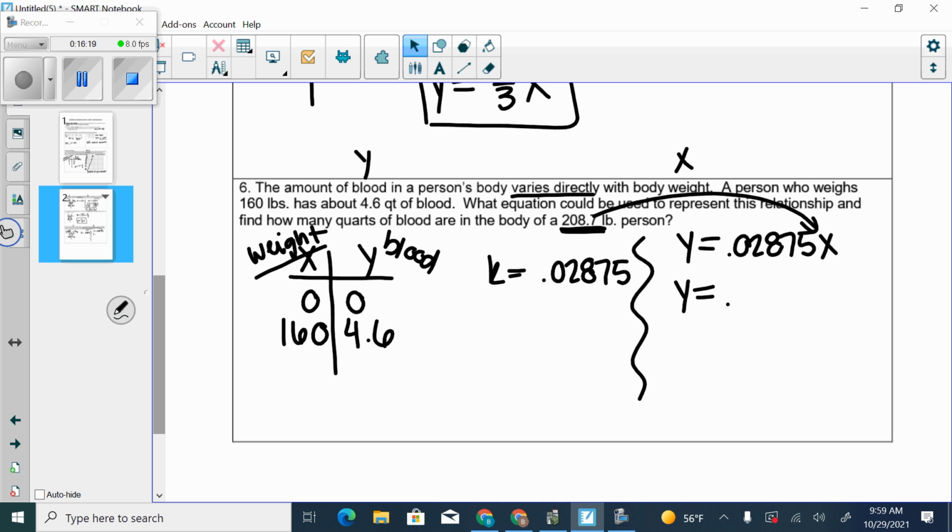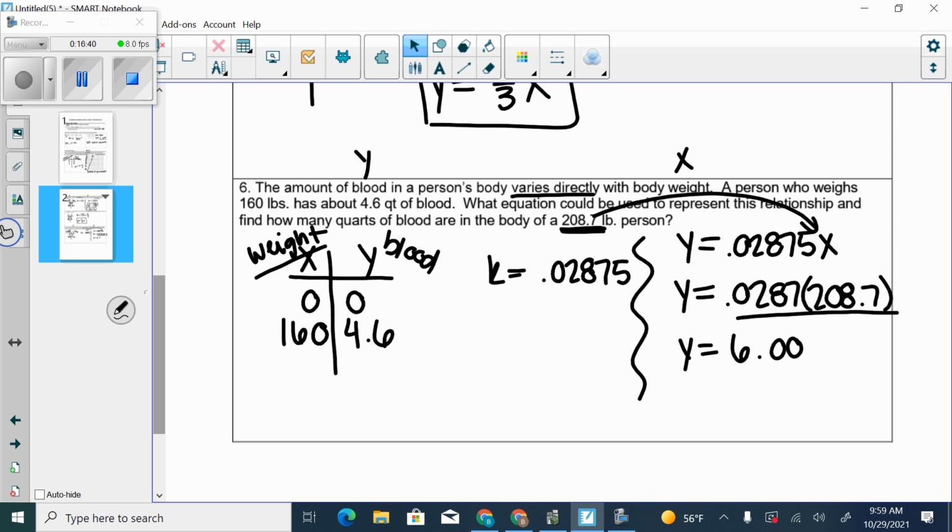So I would have y equals 0.02875 times x, which is 208.7. All we would need to do is multiply these values in our calculator, and we should get something like 6.000125. Okay, and if they wanted us to figure out about how many quarts, we would say around 6 quarts of blood.